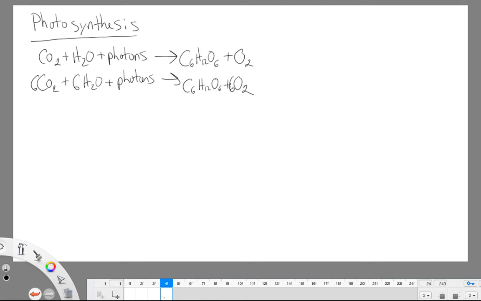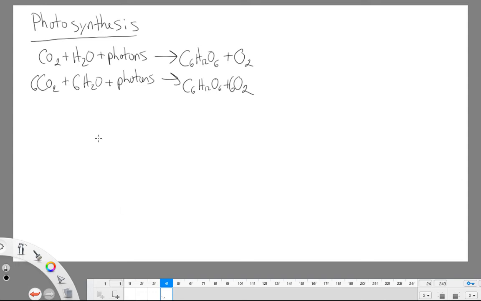Right, so that's the more balanced equation, and you've probably learned about balancing equations in chemistry. Right, so really what we're doing is we are taking carbon dioxide and water and light energy, and we are making food and oxygen.